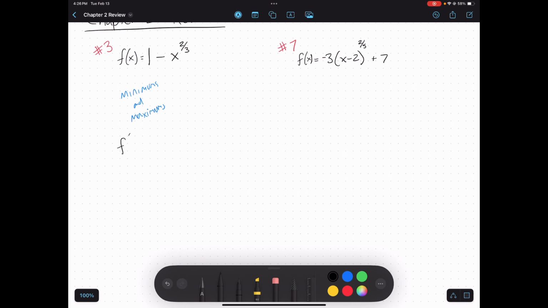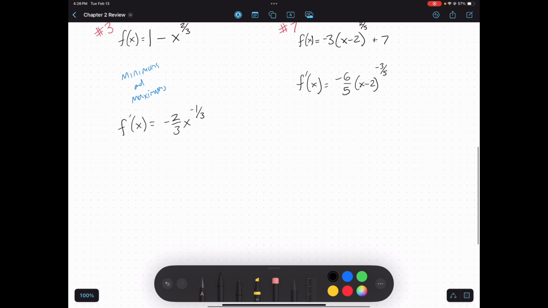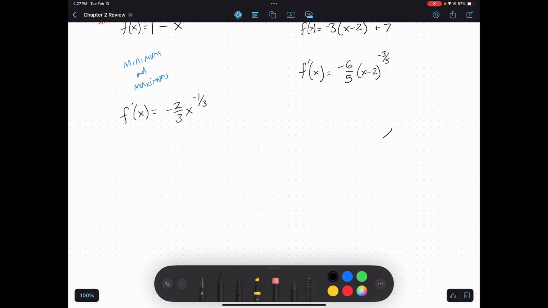Well, in both of these cases, if I take this derivative, I get negative 2/3 x to the negative 1/3. And in number 7's case, I get negative 6/5 (x - 2) to the negative 3/5. If you have questions about those derivatives, maybe rewatch some of the chain rule videos from chapter 1 or power rule videos, or talk to me and we can go through some of these.